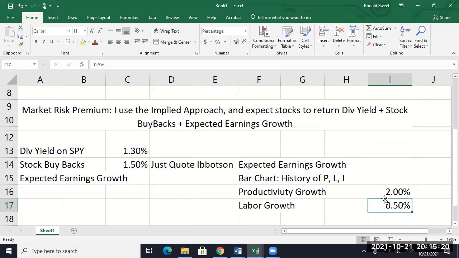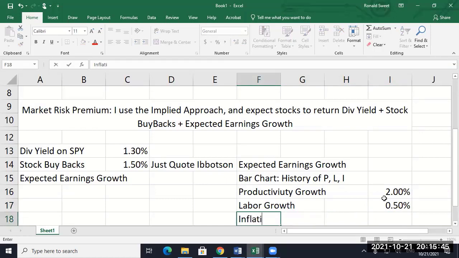Is it the JOLTS? What's the unfilled positions? JOLTS or something? I can't remember that. And then you have the quit rate. We have some numbers. Unfilled positions is at a historical high. The quit rate's at a historical high. So we're in an unusual period. So there's some room for labor to somewhat rebound here.